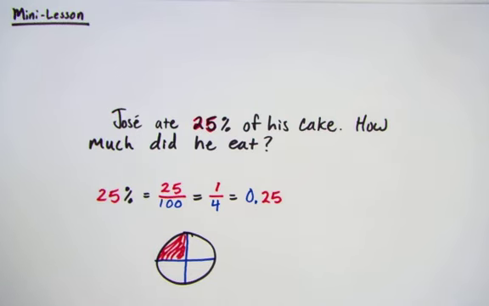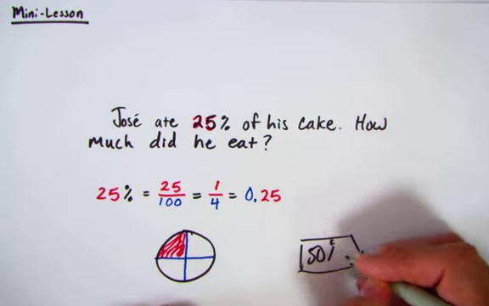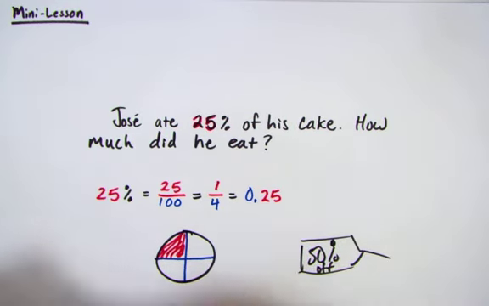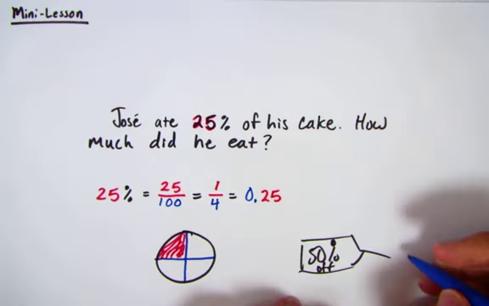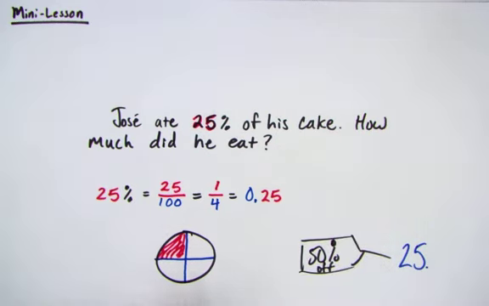In the real world, you will see 50% off sale. So it would be written like this on a tag: 50% off. And that will be related to some amount of money. So originally that sweater might cost $25.